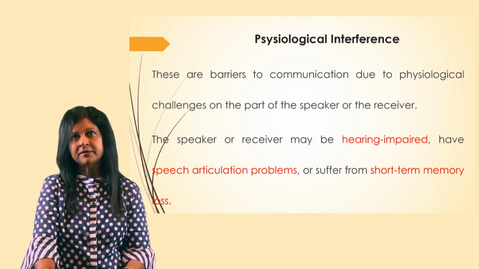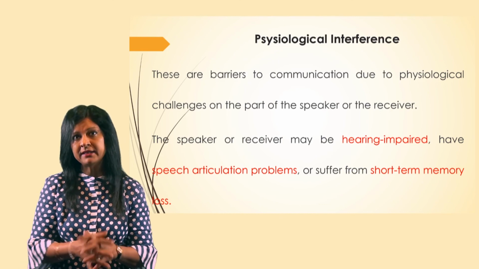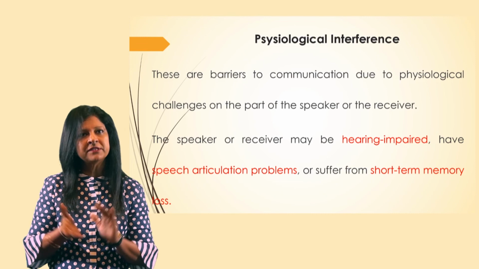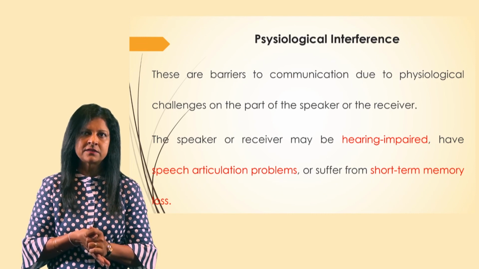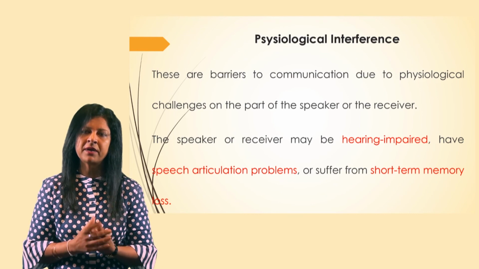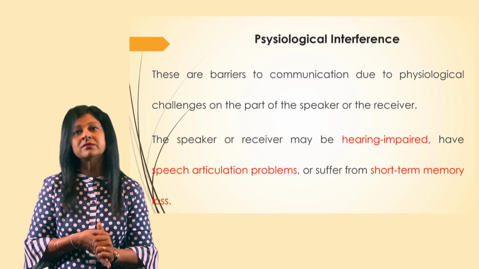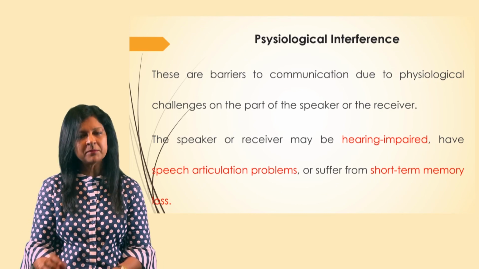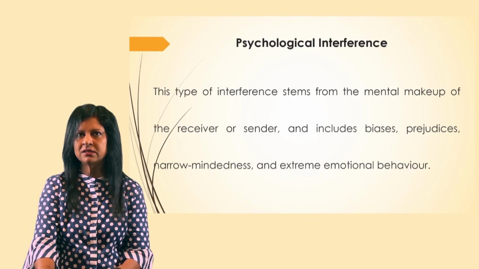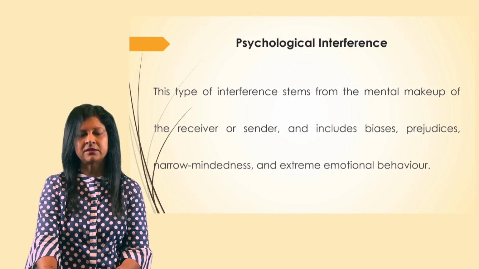And the physiological interferences are barriers to communication due to physiological challenges. The speaker or the receiver may be hearing impaired. Sometimes there is a speech articulation problem, or they suffer from short-term memory loss. Those you call physiological.